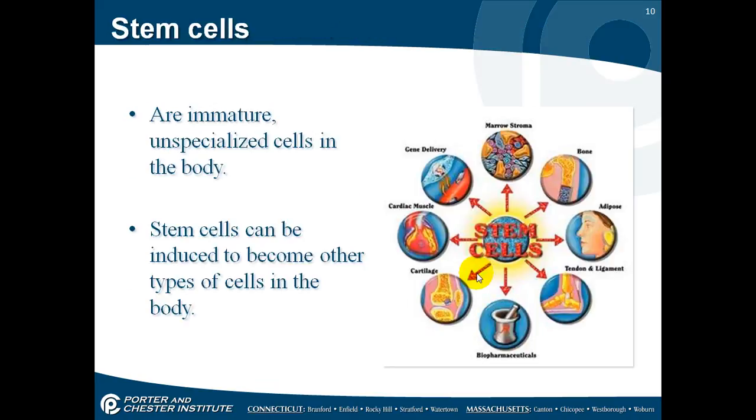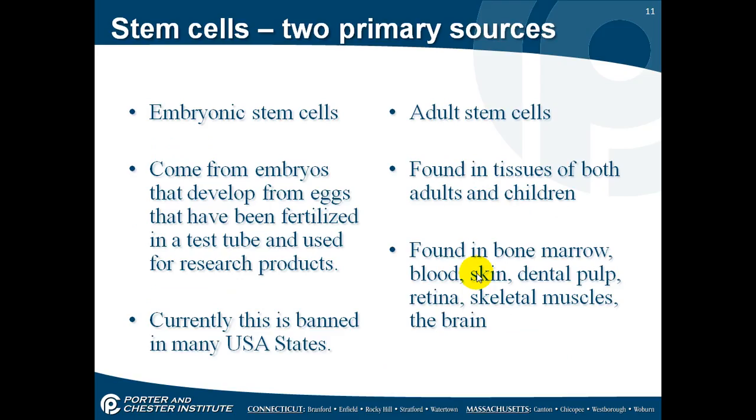Stem cells are immature, unspecialized cells in the body. These stem cells can be induced to become different types of cells in the body. Stem cells come from two primary sources. First is embryonic stem cells. They come from the embryos that develop from eggs that have been fertilized in a test tube, and they are used for research products.